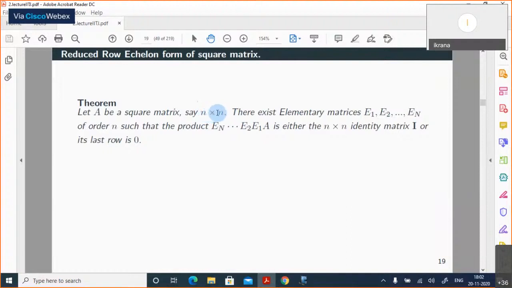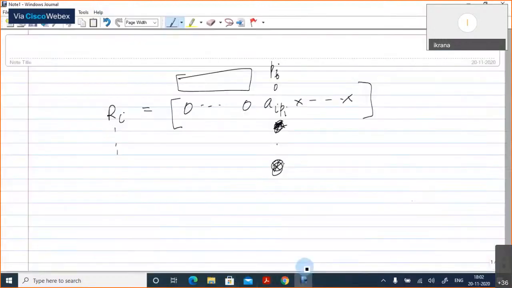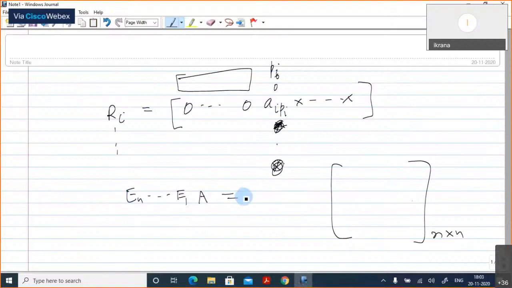So possibly there are n pivots, and if there are n pivots, how does the reduced row echelon form look? Let us just write it. If this is an n cross n matrix in reduced row echelon form, so A multiplied by E1 up to En is equal to the reduced row echelon form.